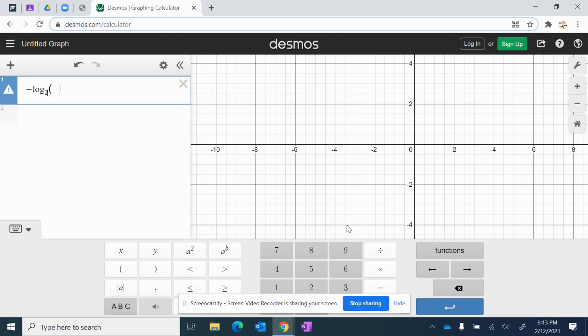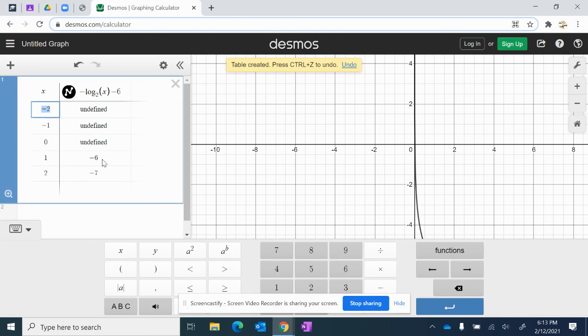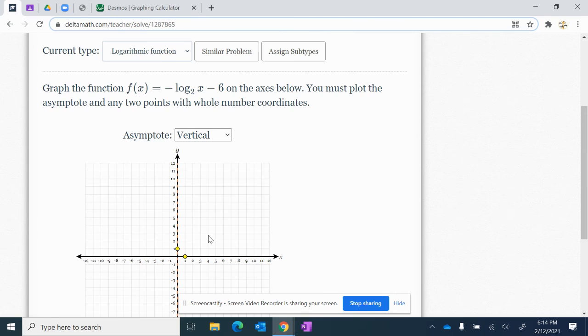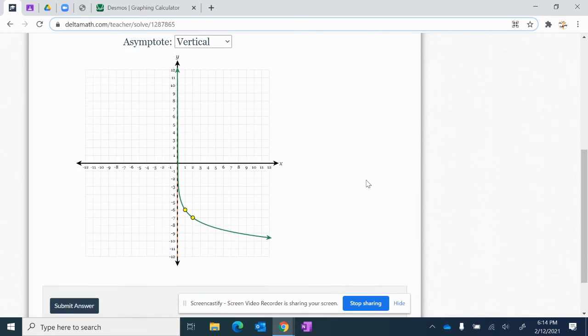So log base 2 of x, close the parentheses, and then put the -6. And in my table, I can use 1, -6, and 2, -7.